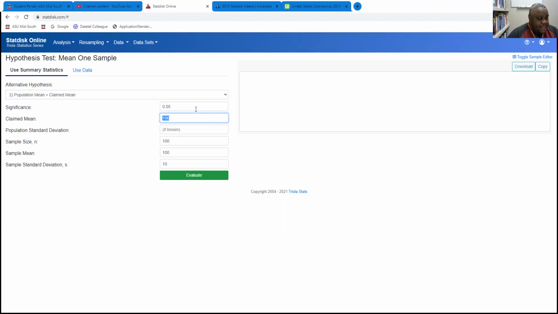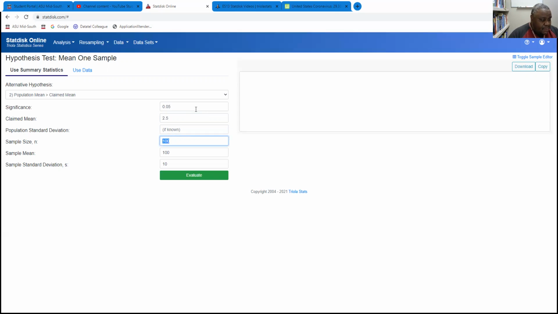The claimed mean. Okay. We're testing the claim that this sample is from a population with a mean greater than 2.5 grams. So 2.5 is the claimed mean. The population standard deviation, it's going to be left blank because we don't know that. So we leave that blank.